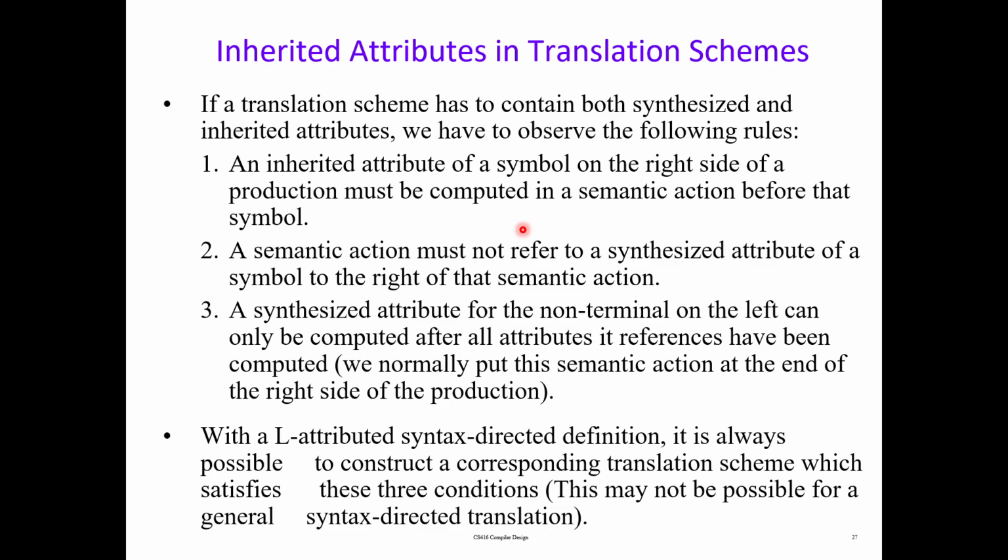Second, a semantic action must not refer to a synthesized attribute of a symbol to the right of that semantic action. If a particular semantic action refers to a symbol to its right, there is no use, since it is not evaluated.